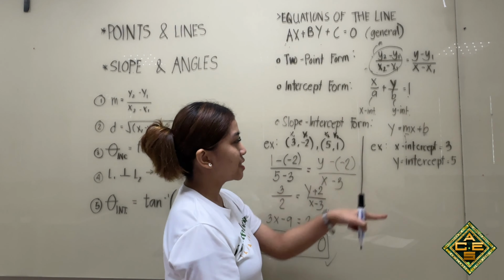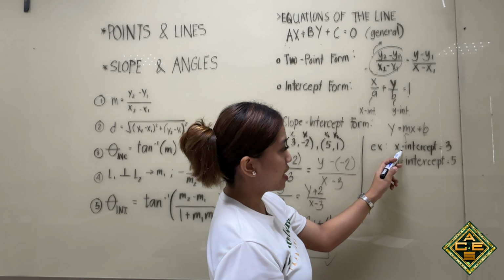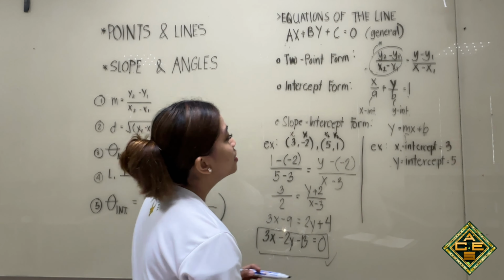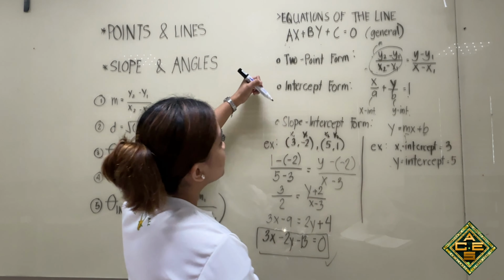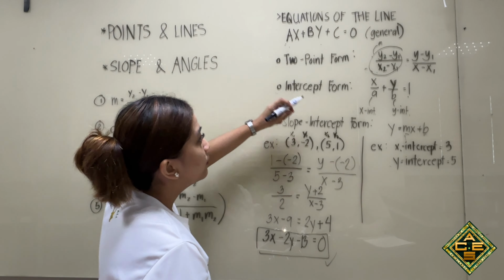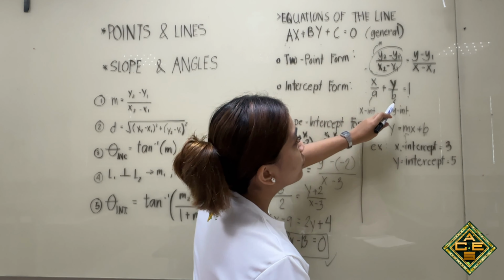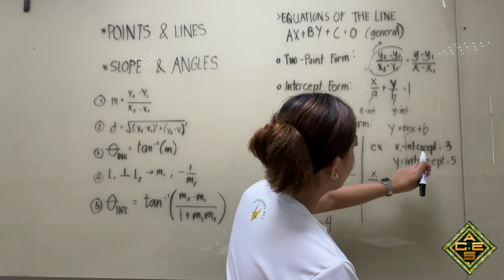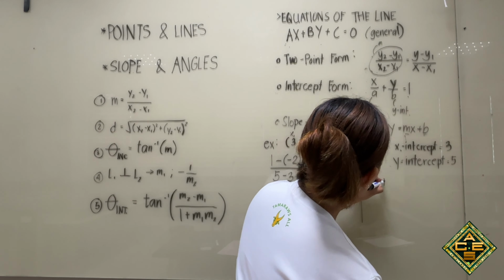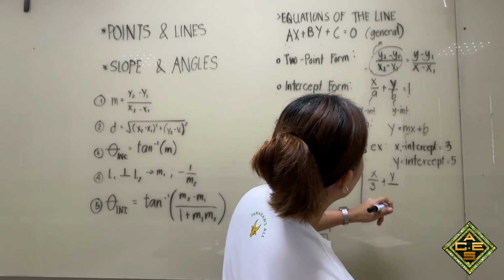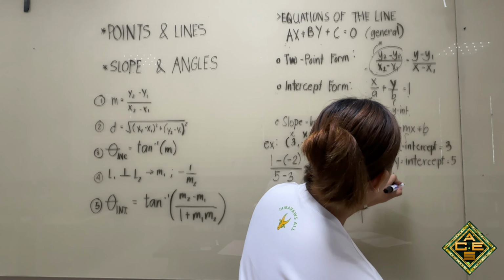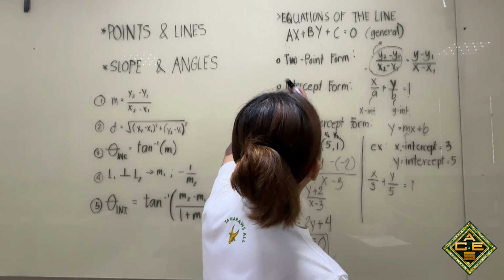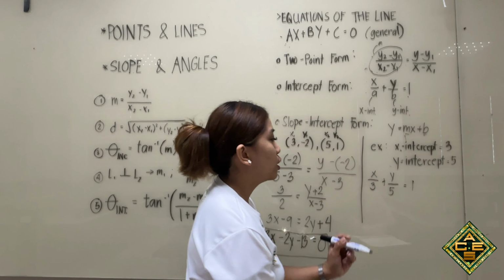For the other example, we're given the x-intercept and y-intercept, 3 and 5 respectively. Given this, we're going to use the intercept form, x over a plus y over b equals 1. So x over 3 plus y over 5 equals 1. We'll manipulate the equation again so that we arrive at the general equation of the line.